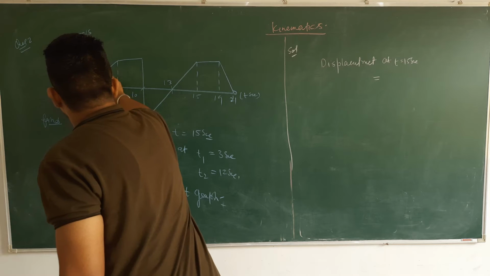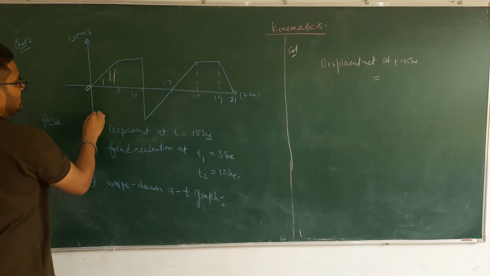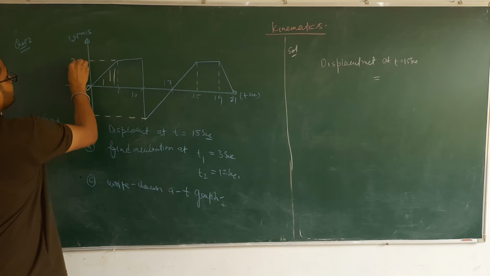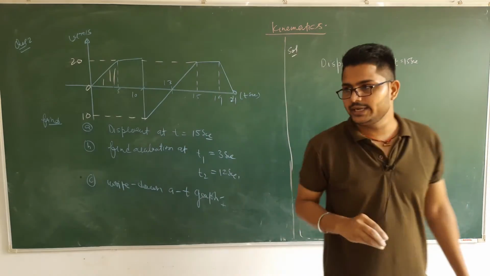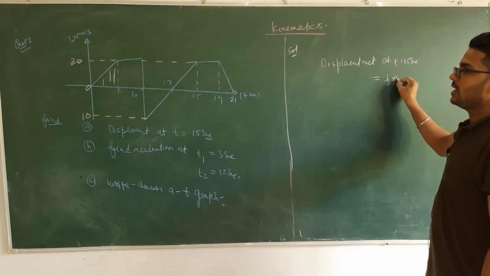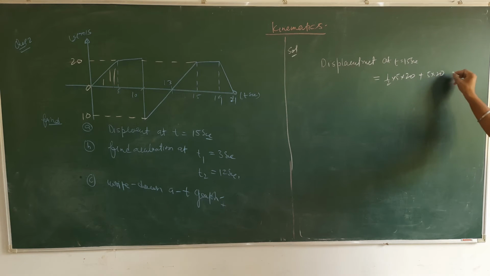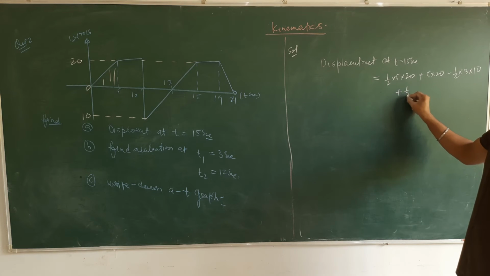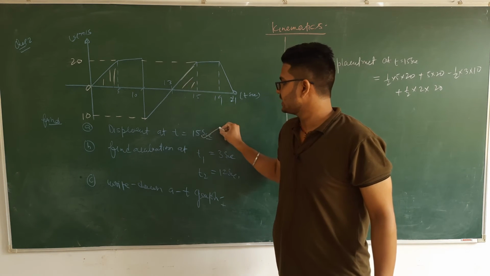The positive area is this triangle, where velocity goes from 0 to 20 meter per second. Displacement is half into 5 into 20, plus 5 into 20, minus half into 3 into 10, plus half into 2 into 20. This is positive area, because we are calculating at 15 seconds.